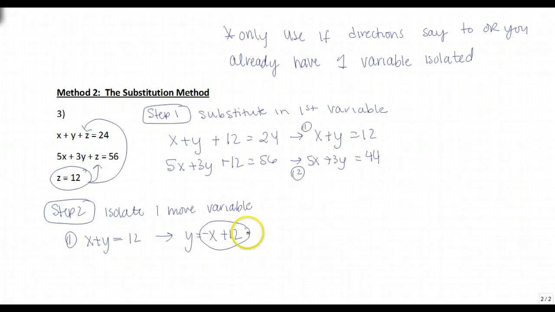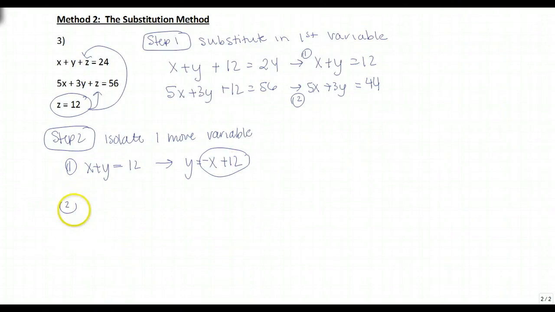So I can take that and plug it into equation 2. So 5x plus 3, but now I don't want y anymore. I want negative x plus 12, equals 44. And then I can solve this equation for x.